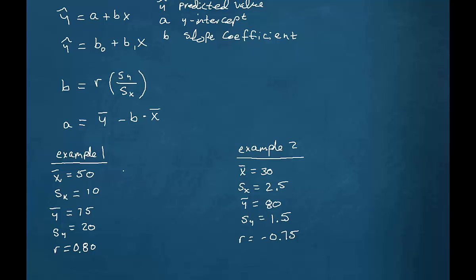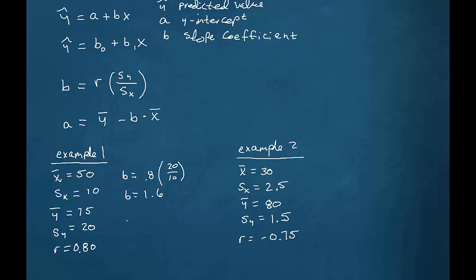So in order to find the slope coefficient, we would say, okay, b is equal to r, 0.8, times this ratio of the standard deviation of the y values to the standard deviation of the x values, 20 over 10. And so b then is going to be 1.6.